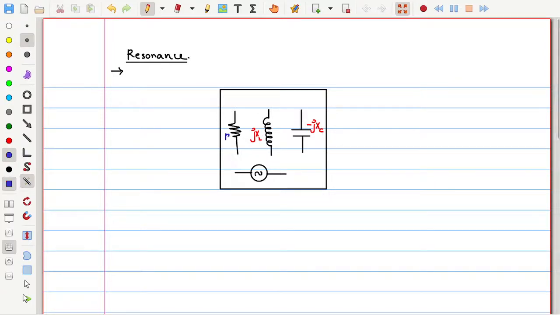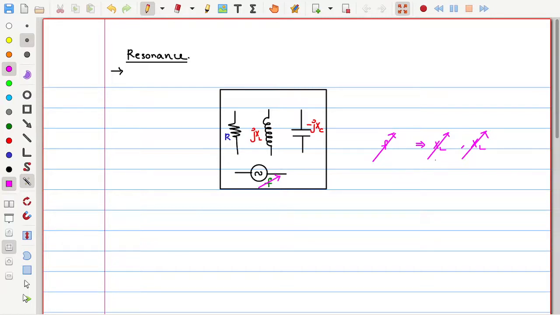Usually in systems, the supply also has a certain frequency, let us say f. If the supply frequency is varying, there will be variation in inductive reactance and also variation in capacitive reactance.